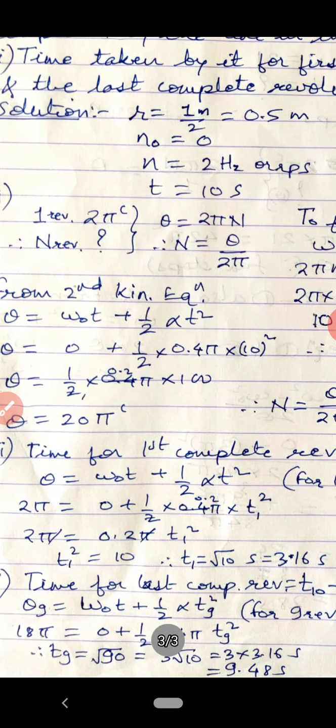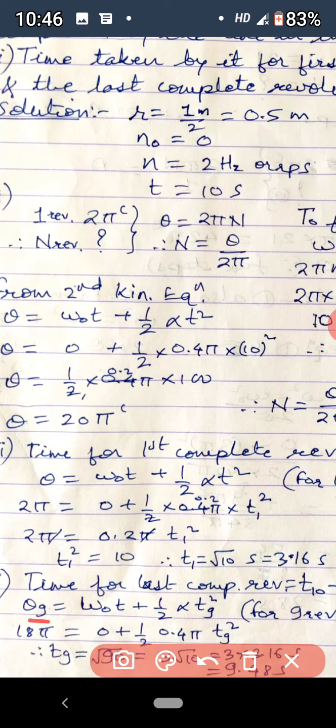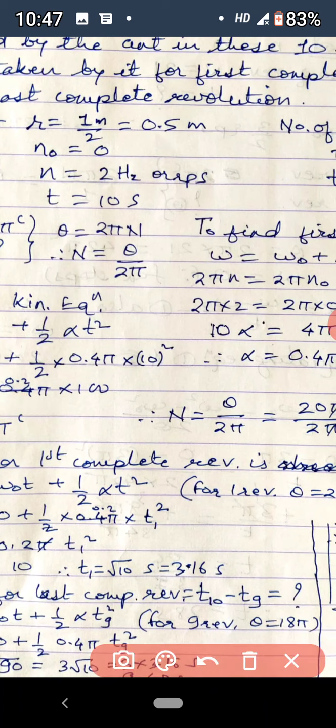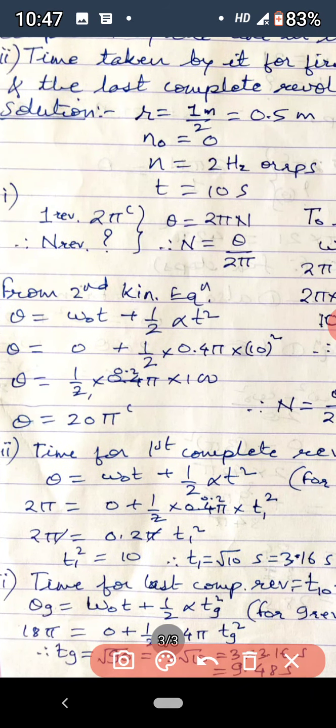Theta 9 is equal to omega 0 t plus half alpha t9 square. Omega 0 is 0. For 1 revolution, theta is 2 pi. Therefore for 9 revolutions, theta 9 is 18 pi. So 18 pi is equal to 0 plus half 0.4 pi into t9 square.